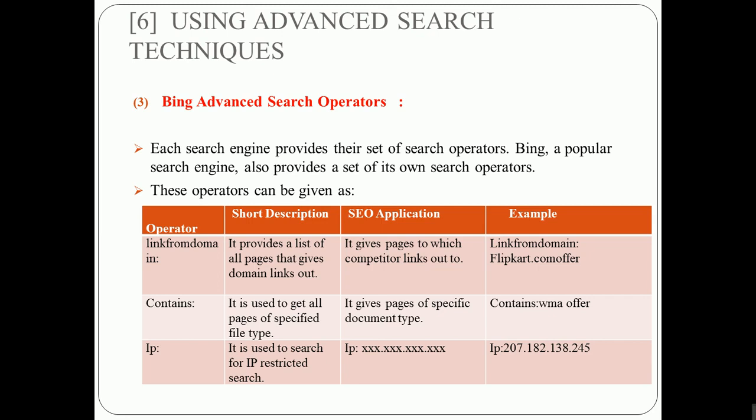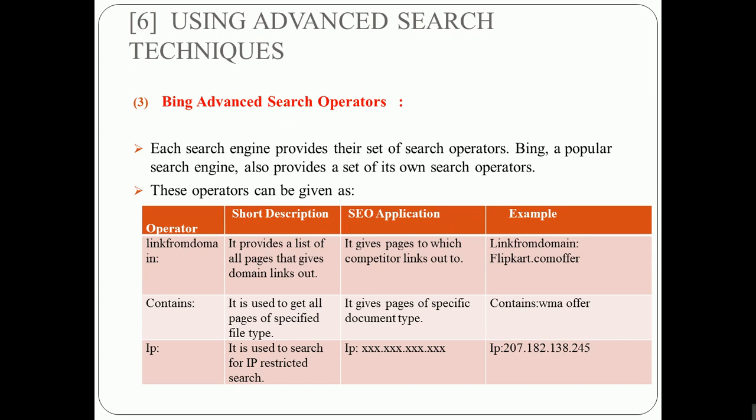So link from domain operator in Bing search engine provides all the pages that a domain links out, means a particular domain link will display all the pages. So SEO application, it gives the pages to which a competitor links out to.